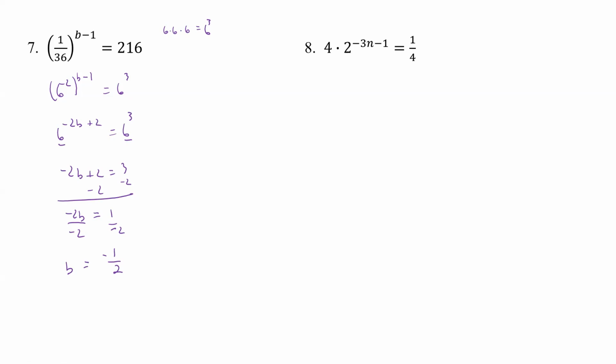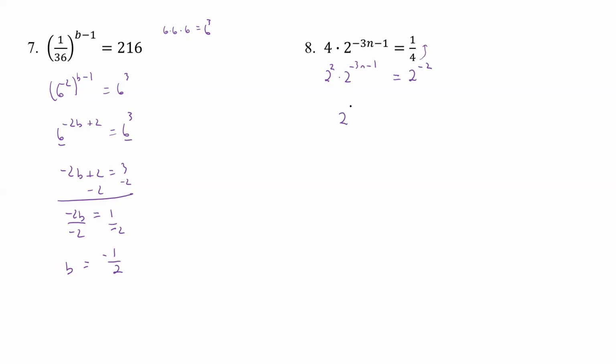All right. Now what are we going to do? Well, this one on 8, we have a 4, a 2, a 4. Now, we always want the same bases, so can we combine these two? Well, what is 4? 4 is 2 squared, times 2 to the negative 3n minus 1. Now remember, that's 2 squared on the bottom, so if I take it to the top, that's going to be 2 to the negative 2. Now, what do I get when I multiply two numbers with the same base?